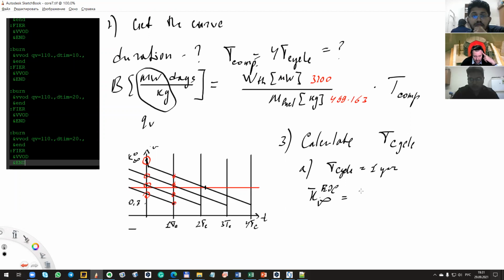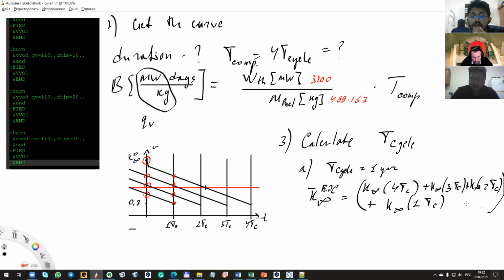It means the chi infinity of 4T cycle plus chi infinity of 3T cycle plus chi infinity of 2T cycle, and plus chi infinity of 1T cycle, over 4, 1 over 4.